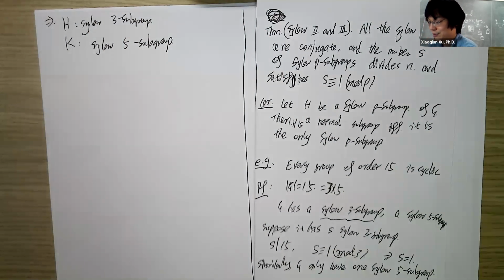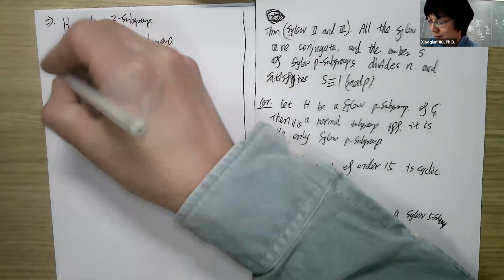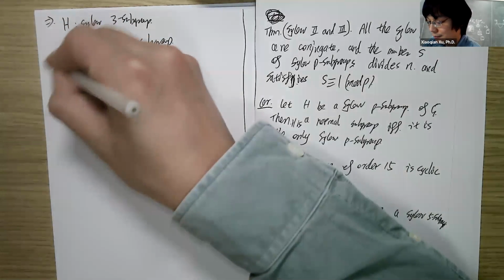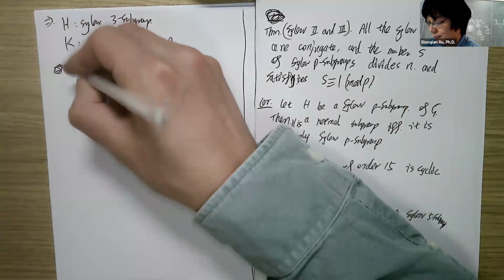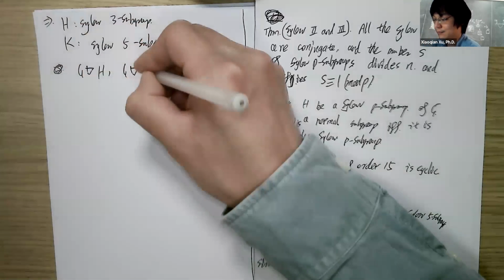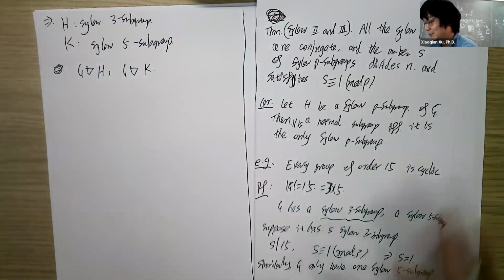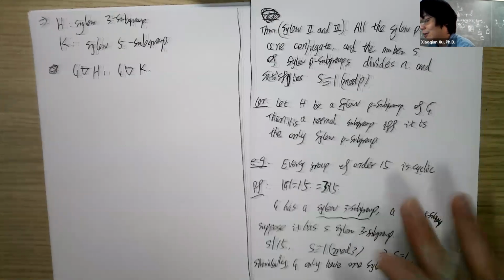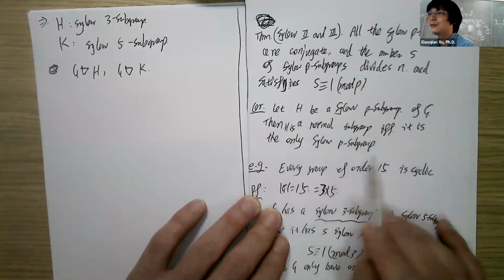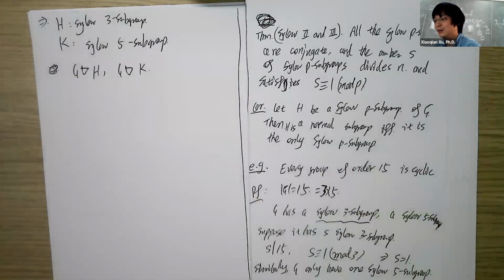We know that they must be normal. Right? Otherwise, as you can see from this corollary, they must be conjugate. There must be some conjugate of this group that is not equal to it, but is also a Sylow subgroup. You would have more than one, which is a contradiction.